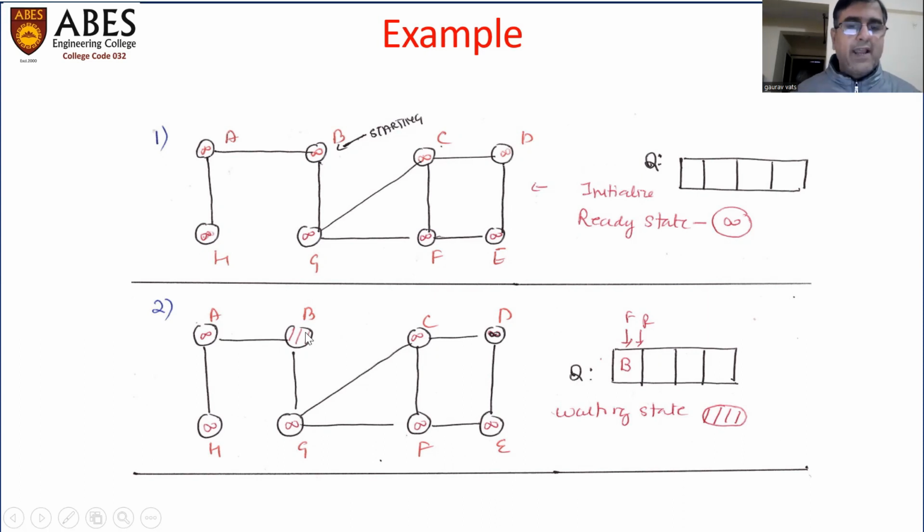Whenever I put any node in the queue, as I have told you earlier, it will come to the waiting state from the ready state. Initially, this node was in ready state. Now I have put that node into the queue as per the requirement of our algorithm. So here comes waiting state.